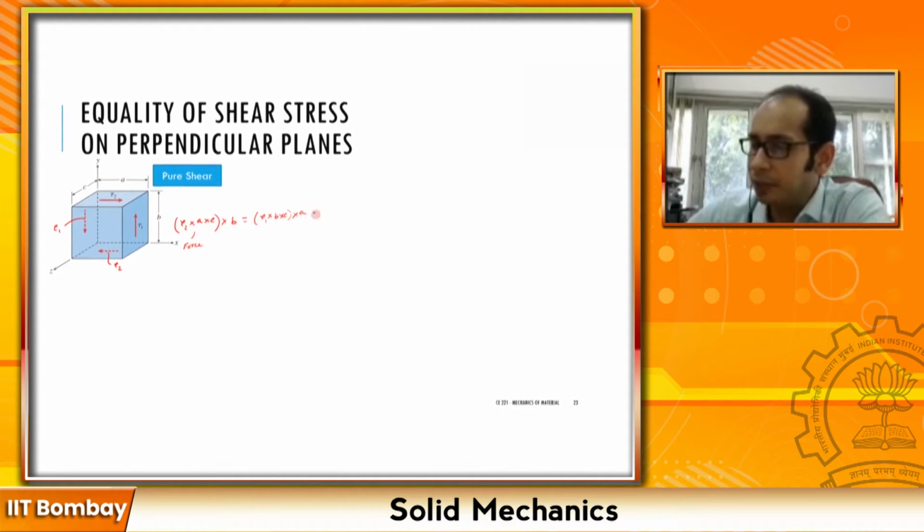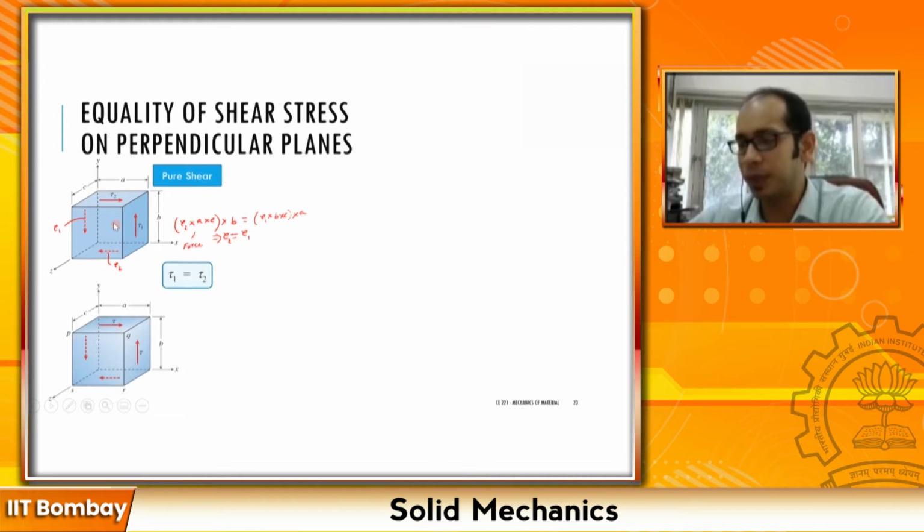So you have this ABC over here that cancels out, so eventually you get your tau 2 must be equal to your tau 1, right? So these stresses are essentially complementary. It's amazing. If you have one tau over here, that in turn generates all these different forces in this particular element, right? So this is what we looked at, that your tau 1 must be equal to tau 2.